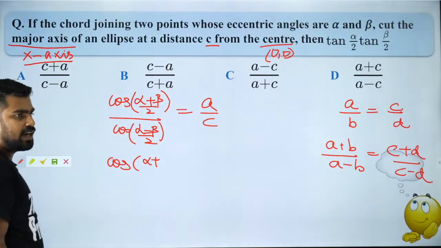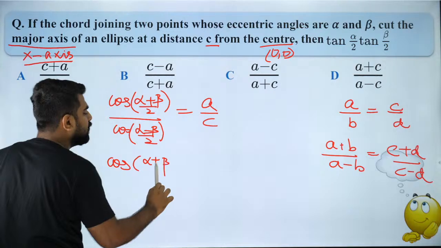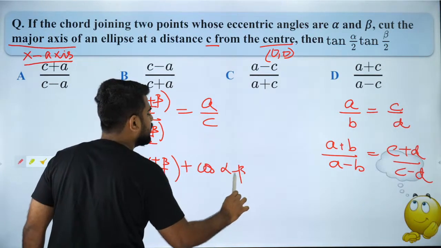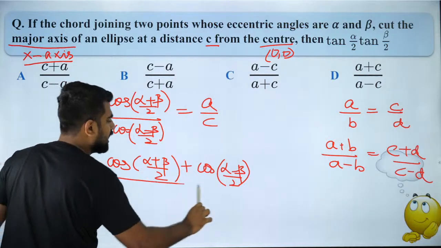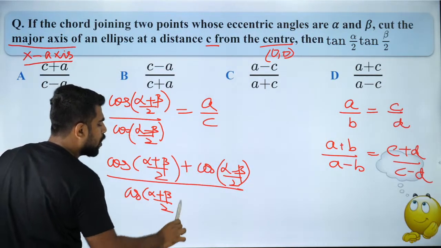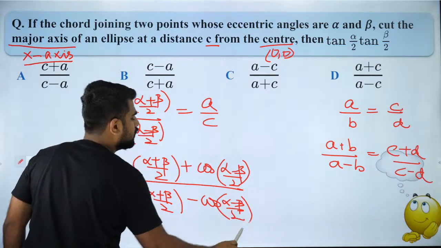That will be correct. So here I'll have cos of alpha plus beta by 2 plus cos of alpha minus beta by 2 divided by cos of alpha plus beta by 2 minus cos of alpha minus beta by 2.